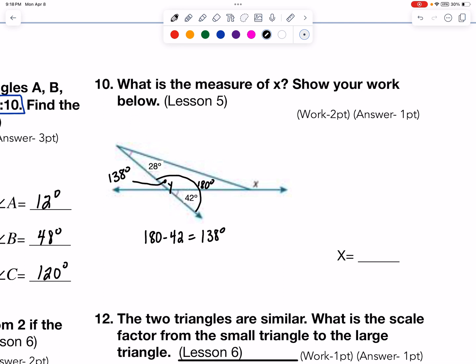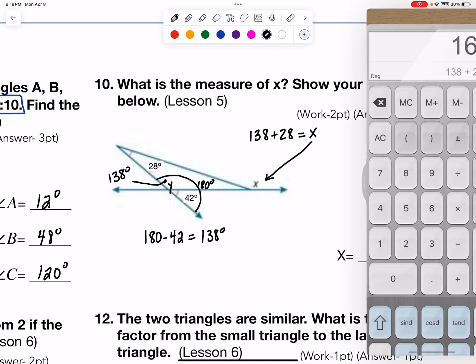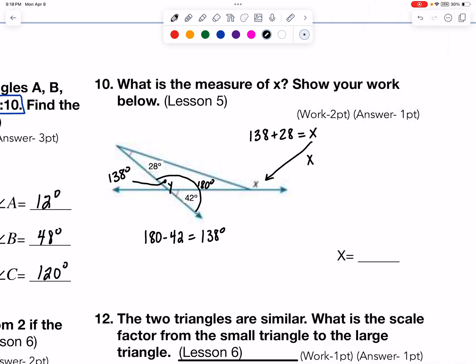And I know that 138 plus 28, so 138 plus 28 equals x here, okay? Because they're all remote interior angles. So let's go ahead and figure out what that is. 138 plus 28 equals 166. So x equals 166 degrees.